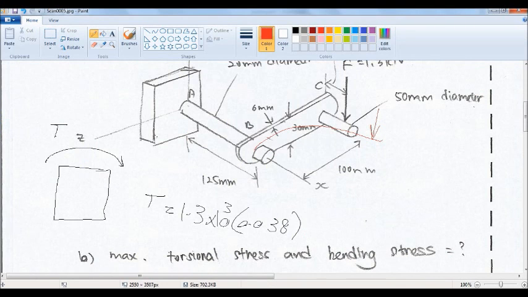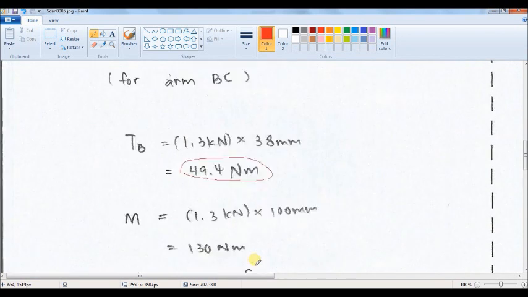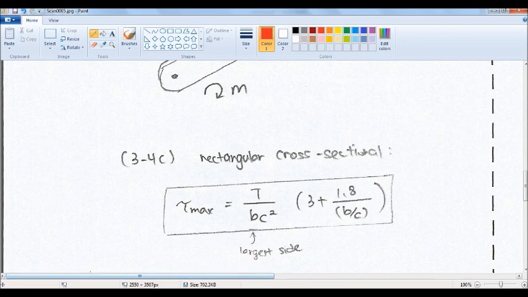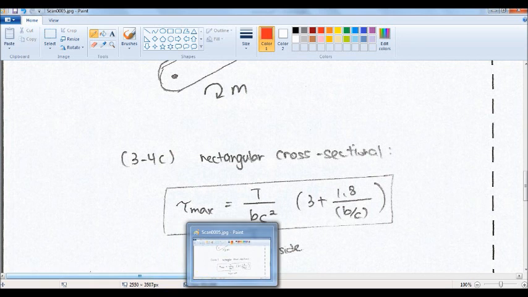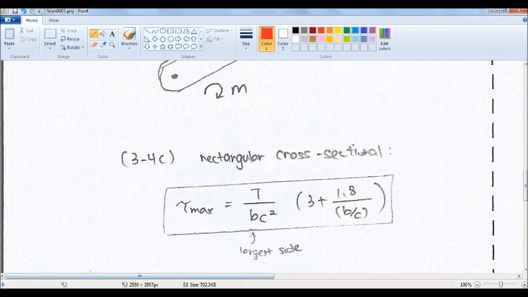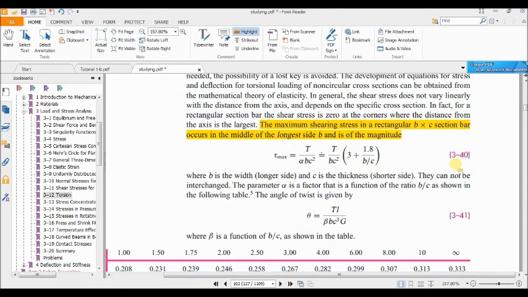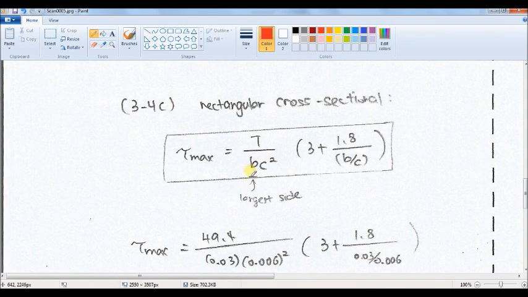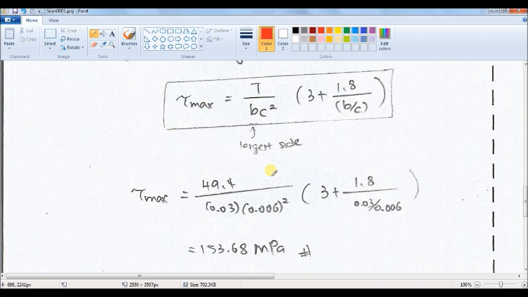That means the longest side here is b and the shortest is c. Okay, so I will write down the equation here. Equation 3.40, in which b is the dimension of the longest side and c the dimension of the shortest side.